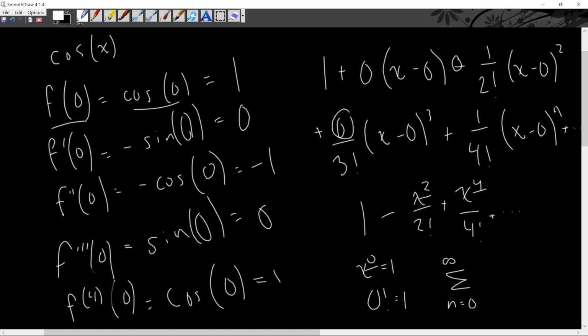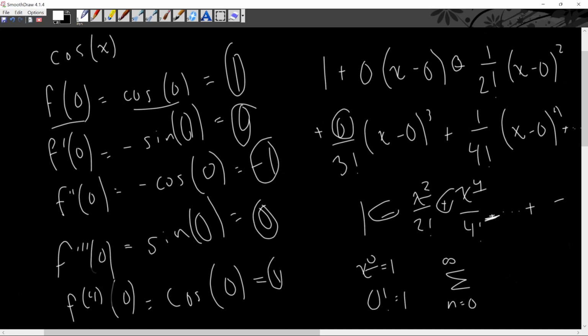So that's an even number, but we have a negative, positive, and though I didn't write it here, this should be negative, positive, negative, positive, because as you can see, we're cycling 1, 0, negative 1, 0, 1, 0, negative 1, 0, on and on. So this is an alternating series, right?